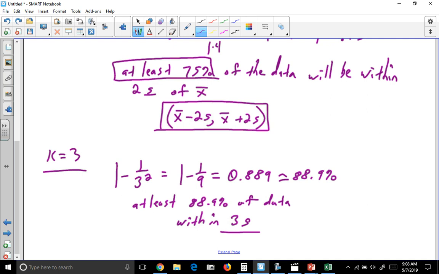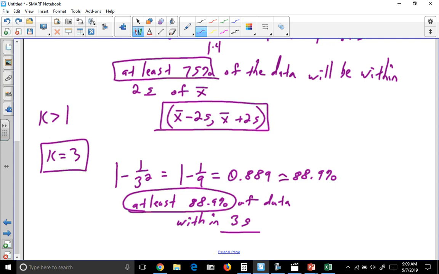We could also put decimal values of k as long as we're picking numbers that are bigger than 1 for k. So this gives us a minimum amount. If I know how many pieces of data I have, I can find the minimum amount of data that is going to be within 3 standard deviations above or below my mean.